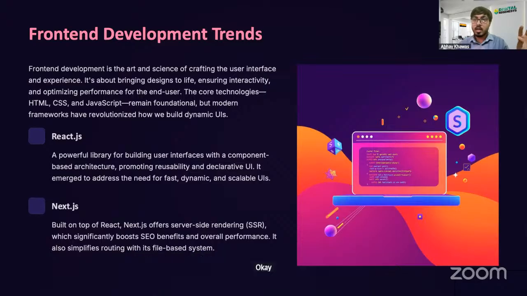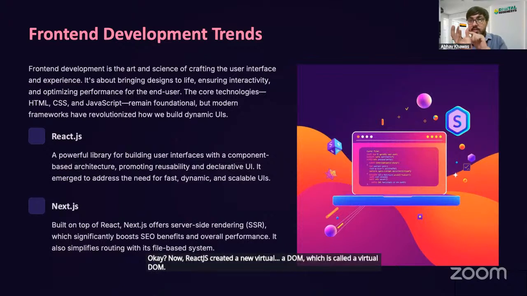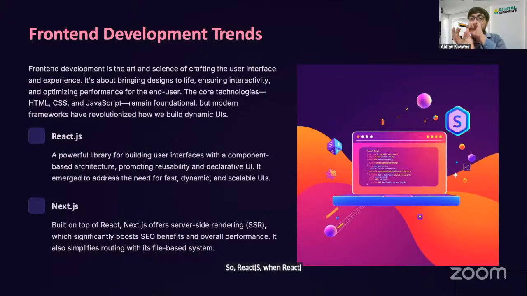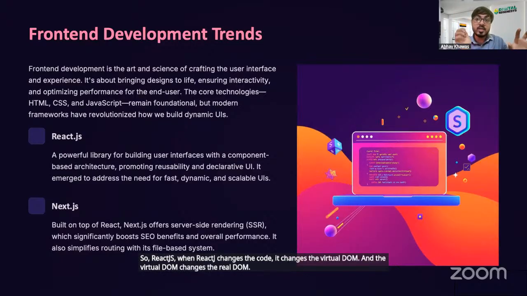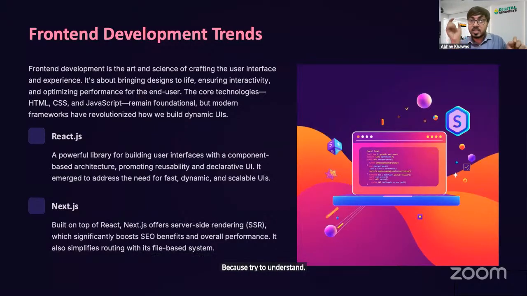Now React.js created a new DOM, which is called a virtual DOM. When React.js changes the code, it changes the virtual DOM, and the virtual DOM changes the real DOM. Because try to understand, React.js is built on top of JavaScript. HTML is also there, CSS is also there, JavaScript is also there.